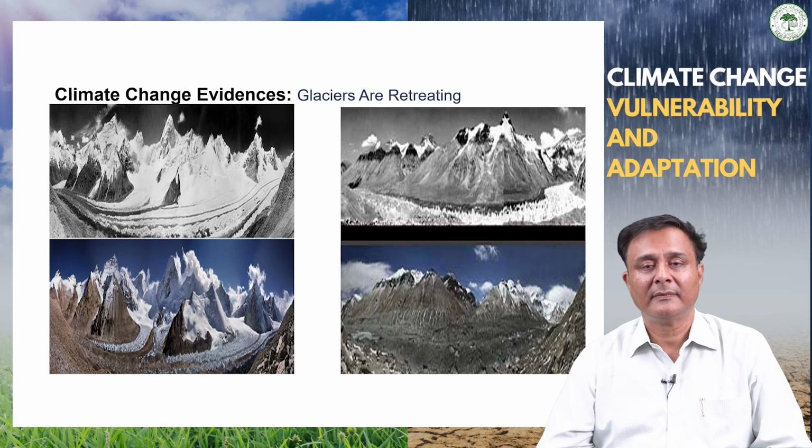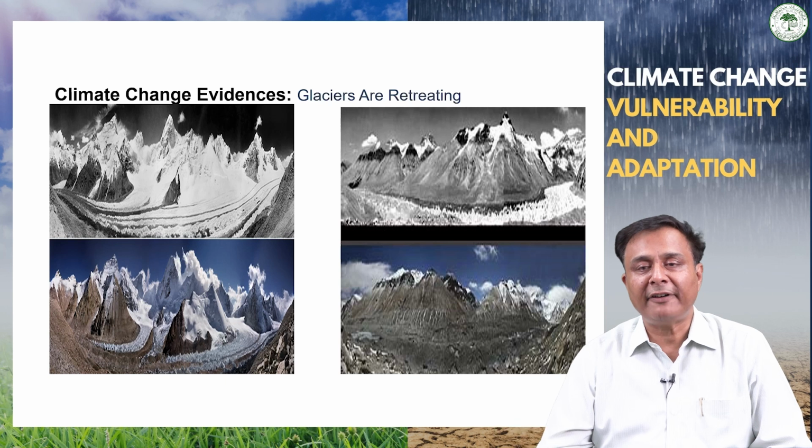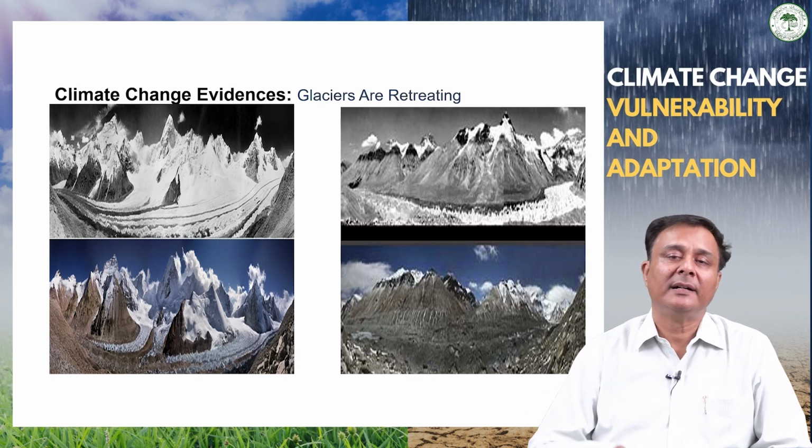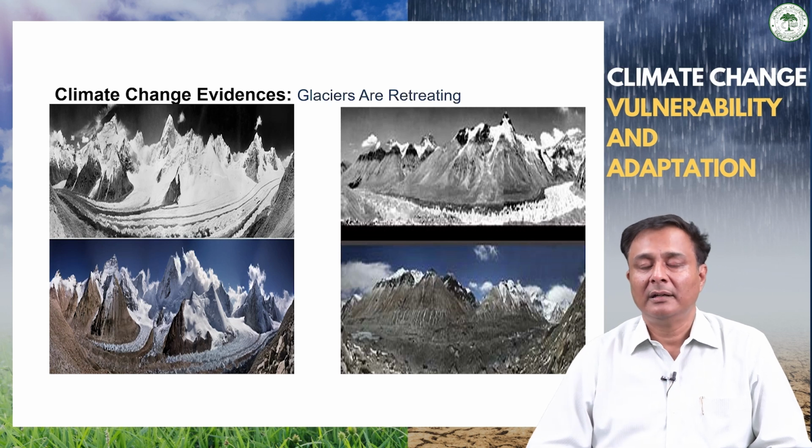The researchers suggest that we have lost almost 270 billion tons of ice a year during the first 2 decades of the 21st century. So, in the last 20 years, 270 billion tons of ice has disappeared from these mountain peaks which were covered with ice. Now, no longer are they covered.